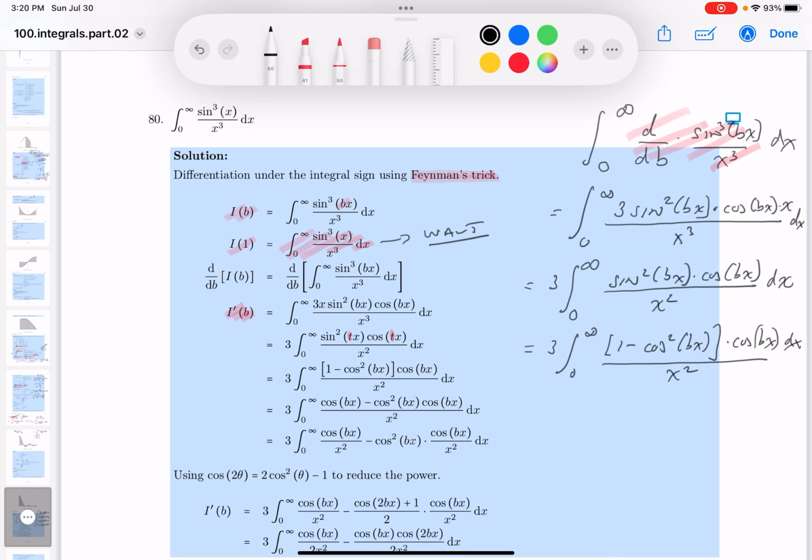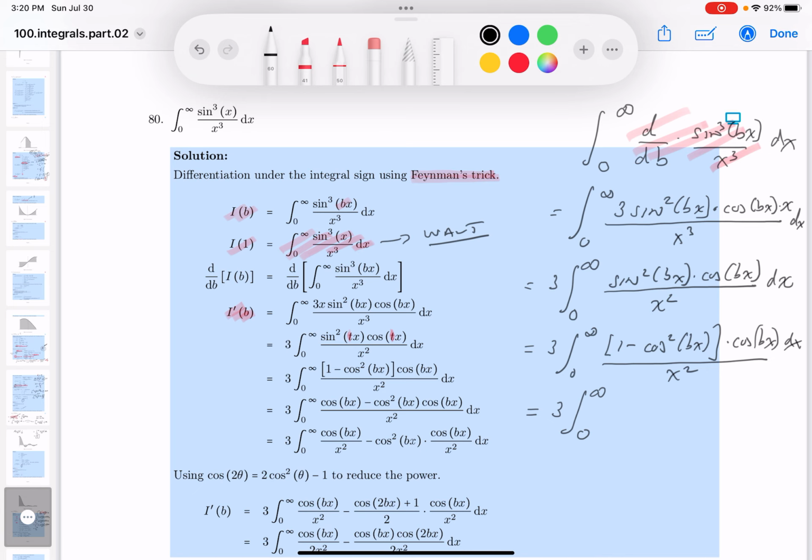All right, let's take a look at that and see what to do with that. Let's split it up. 3, 0 to infinity.